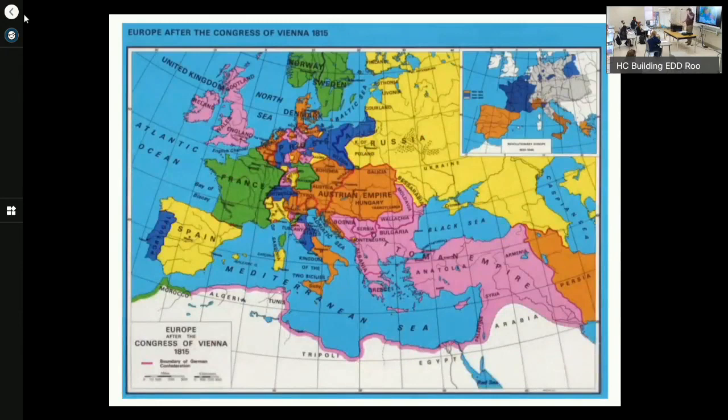Russia, who was represented by the Tsar, did show up at the Congress of Vienna and made it very clear that he was not leaving without Poland. Poland would be his when this meeting is over. And it wasn't that he wanted more land or he wanted to deal with the Poles. What he wanted was a buffer between the rest of Europe and Russia.